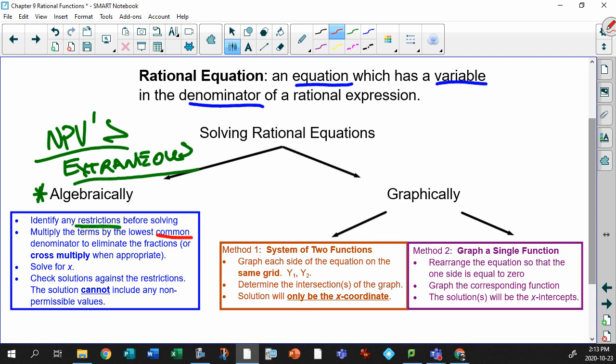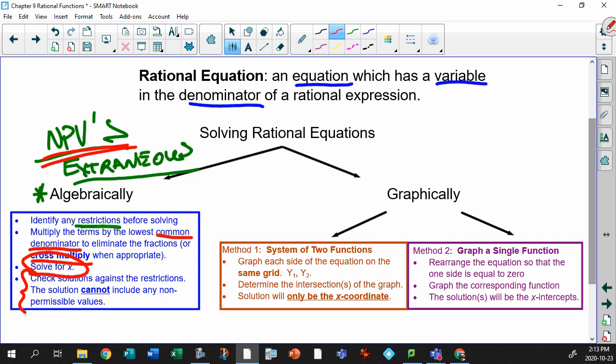Common denominator. That's got to be the easiest way to do it. Also, sometimes, if it's simple enough, you can just cross multiply and solve for x. Well, heck, you did that in grade 5. Right? But the entire thing is to solve for x. And then, again, like I said before, check against those non-permissible values for those extraneous answers.